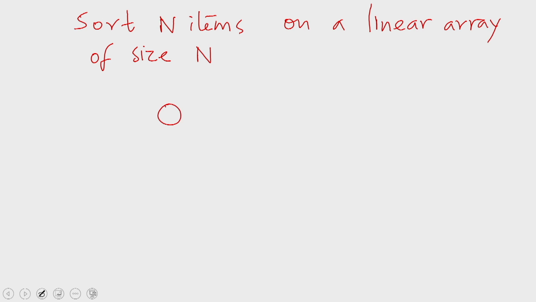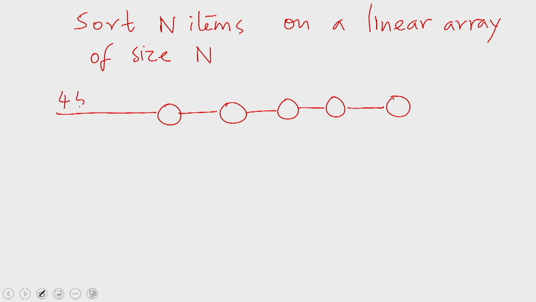So let us say we have a linear array of 5 nodes, and on the input line to the first processor we have the input elements coming along. So these are the future input elements 4, 5, 2 and 1 and 3.